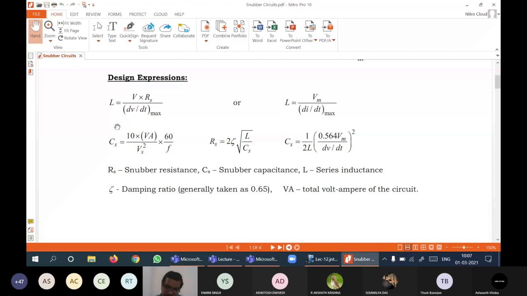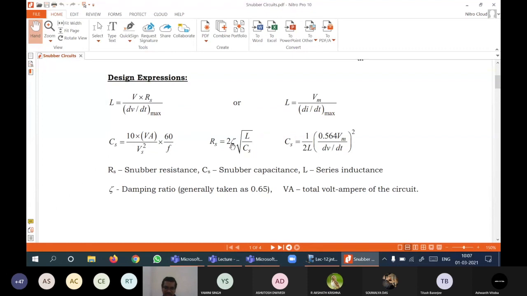And for snubber capacitance and resistance, there are various expressions. One is, if you have an AC circuit, then there is a thumb rule sort of a thing. So you have 10 VA by V square, 60 by F. And in case of a DC circuit, once you know the value of inductance, you can actually calculate the value of capacitance using this expression. R is actually the damping element, which is given by 2 zeta square root of L by CS.